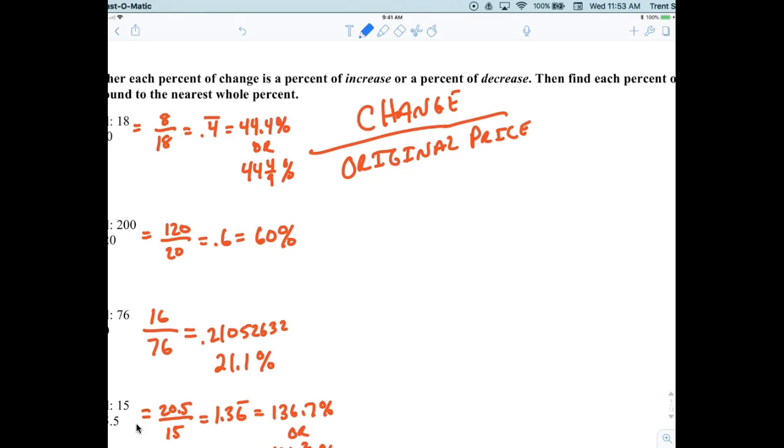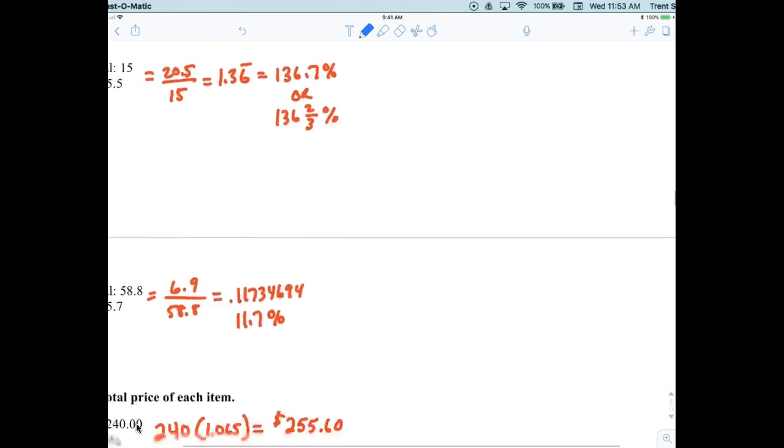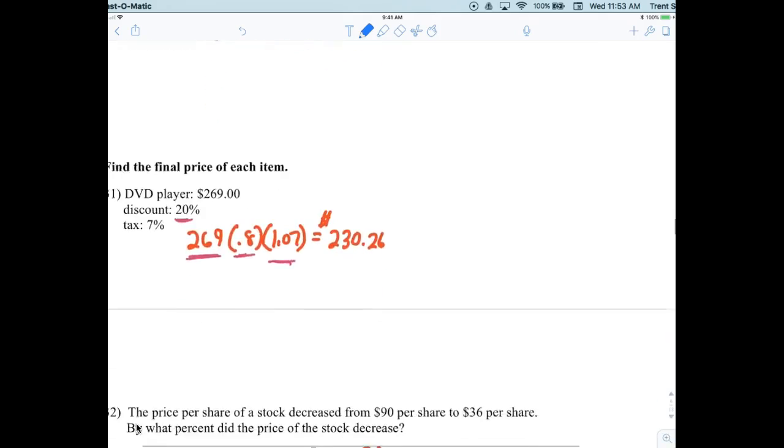You'll never have to worry about it if you know the formula. Come on, you have to know the formula. It's the change divided by the original amount. Now take out your calculator and figure out how do I find the change. How do you find the change, guys? Don't you subtract? Yes, you do. Subtract, and then divide by the original. So now let's go back to that problem you were talking about, Carly, and see if you understand it now.